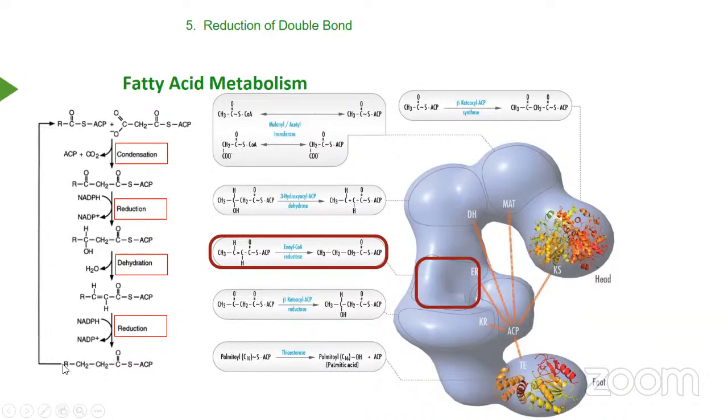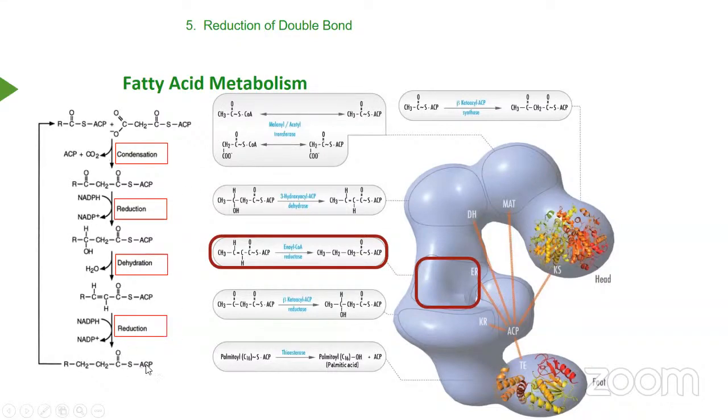So finally this chain will be elongated. Basically these all four reactions are repetitively done in order to add another carbon group. Like you see here, 1 carbon, 2 carbon, 3 carbon. So if you wish to add another CH2, you have to go through each of the 4 steps again.